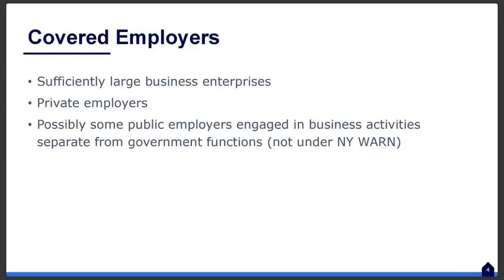And then under the federal WARN law, it is possible that some public entities, meaning agencies or authorities of some kind of government affiliation or ownership, could possibly be covered by the WARN law. In New York, there's a pretty specific carve out. So under the New York law, there would be no coverage of any public entities.